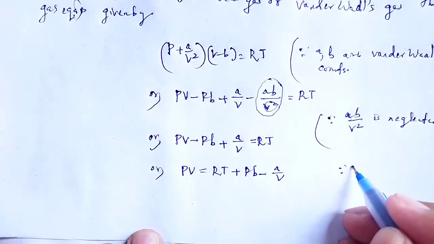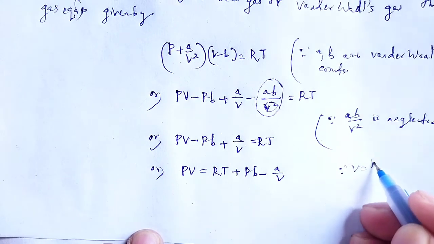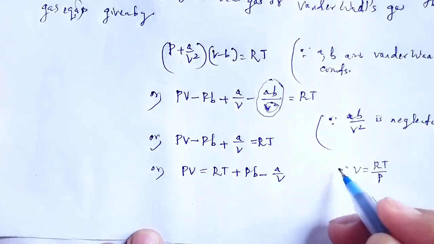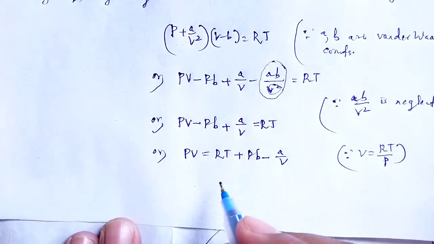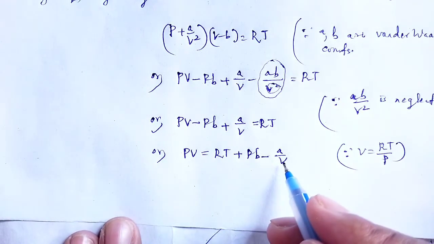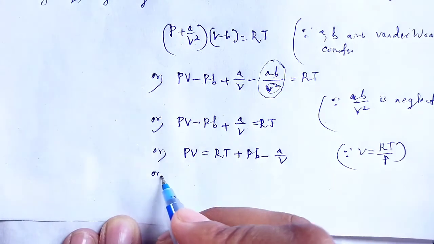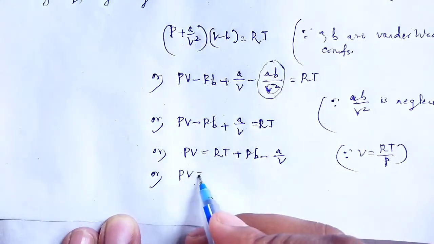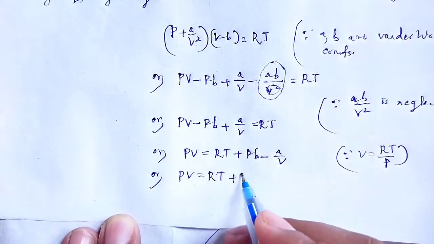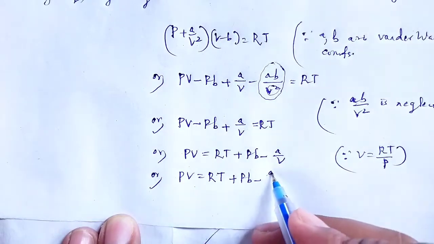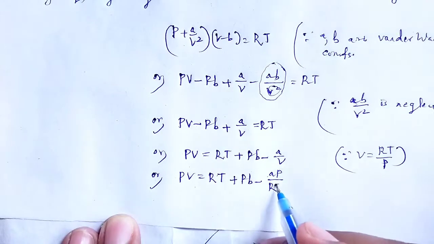As we know, PV is equal to RT, so V is equal to RT by P. So instead of V, we write RT by P. Here we get PV is equal to RT plus Pb minus aP by RT.